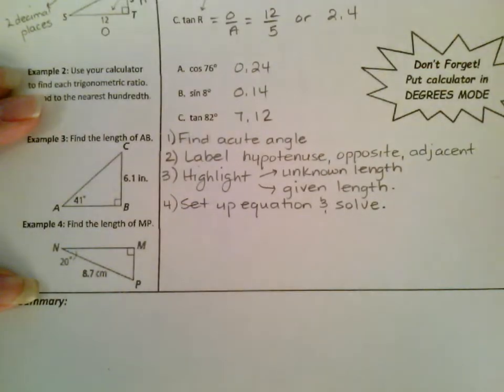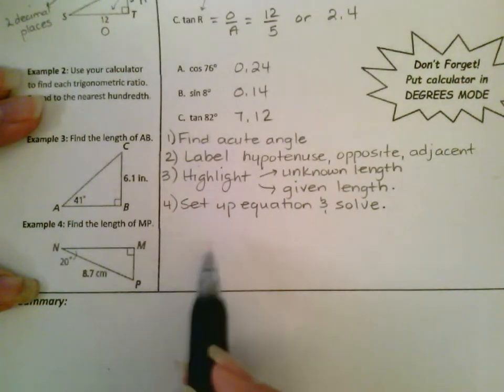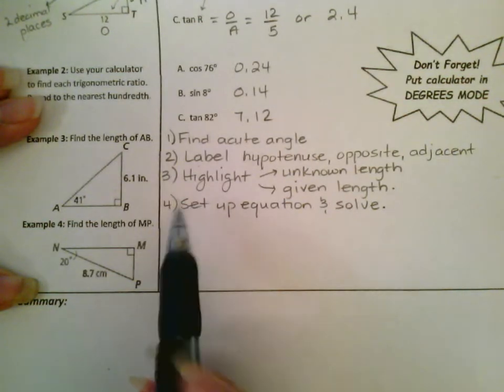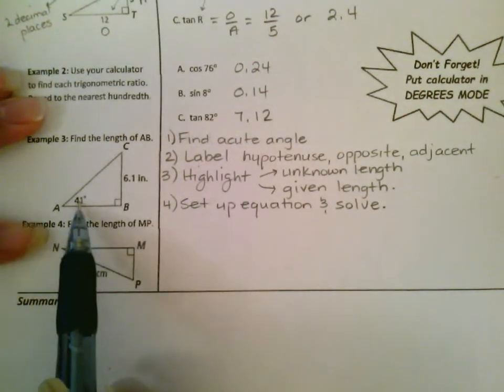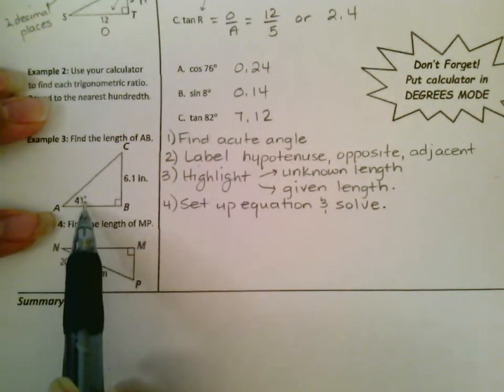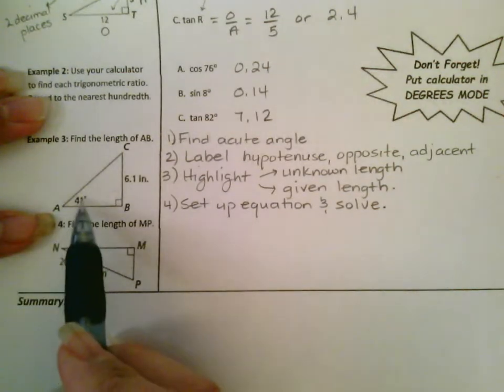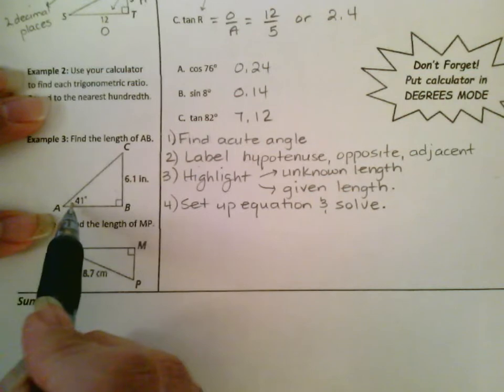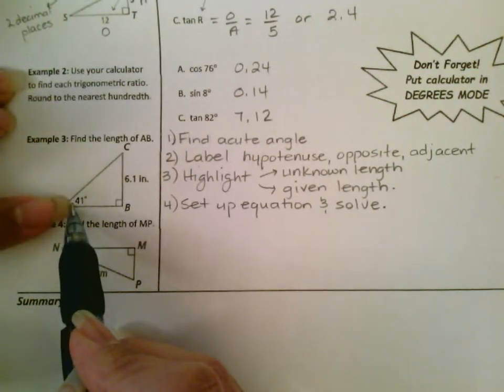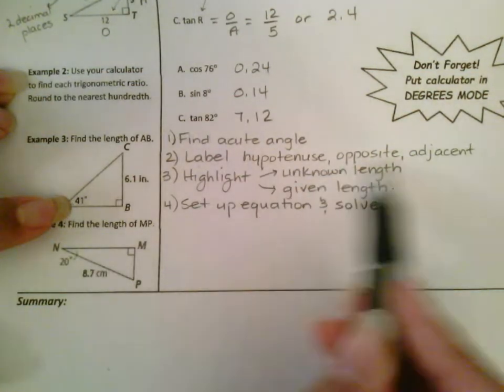Here's what we're going to do on setting up the equation. The first thing you need to do is find the acute angle. So here's our acute angle, and we know it's labeled with a degree. We are going to look for everything by standing at this acute angle. From this perspective, I have to label my hypotenuse, opposite, and adjacent.